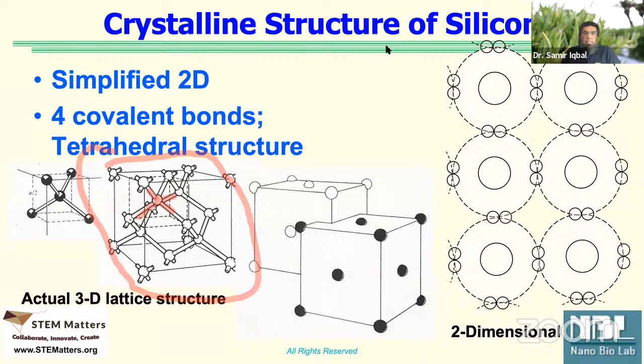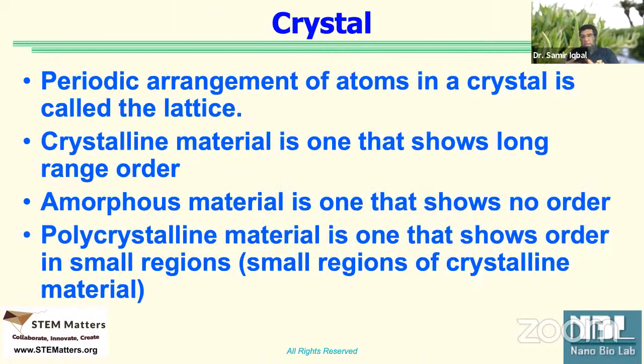Now, this is silicon's crystalline structure. What are other ways materials exist in nature? There are materials which have no order. Same element, but there may be no atomic order to it. We call those amorphous materials, right? Just random atoms.